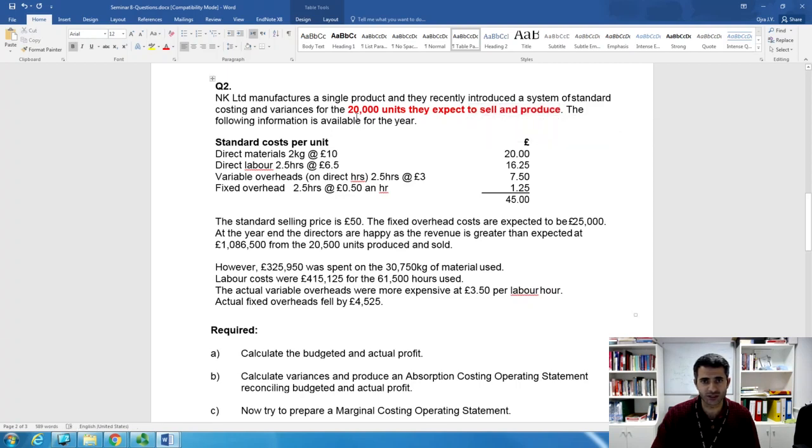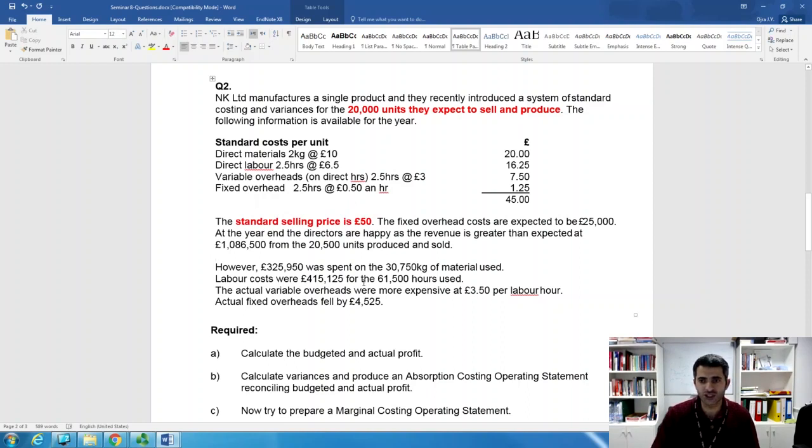These are the budgeted figures, including material at 2 kilograms at £10, direct labor, variable overhead, and fixed overhead. In terms of the selling price, the budgeted selling price is £50 per unit.